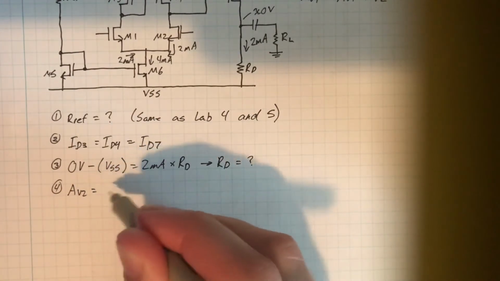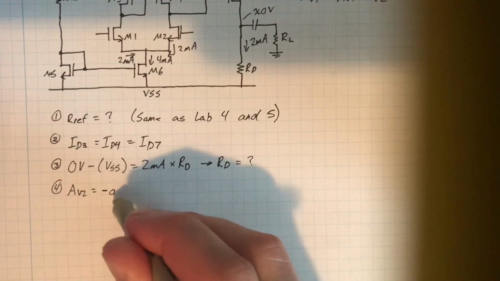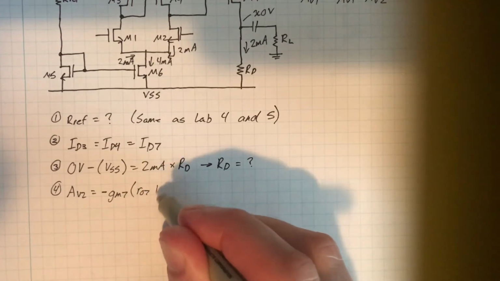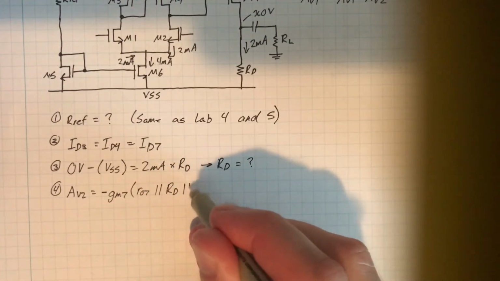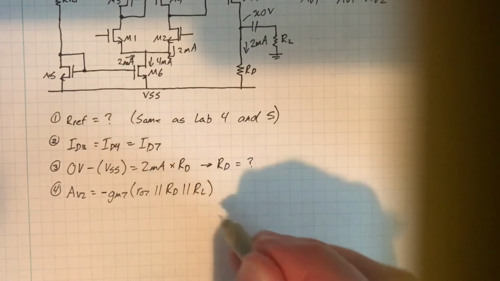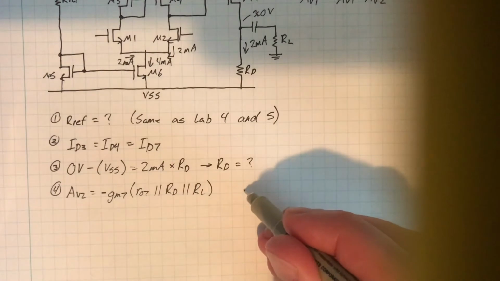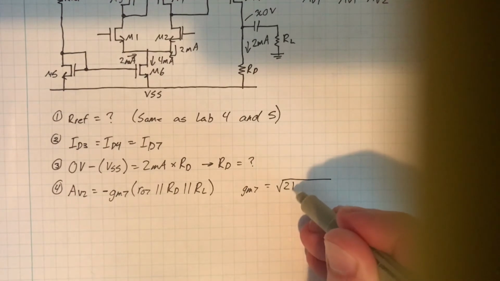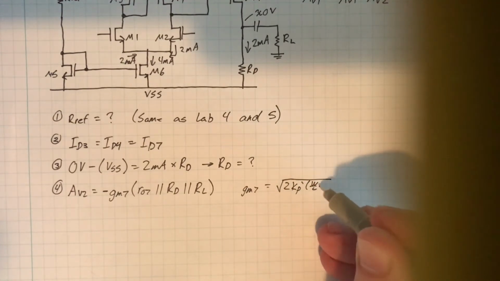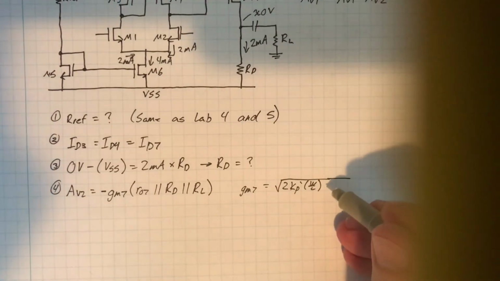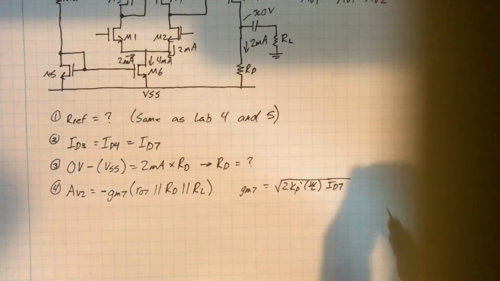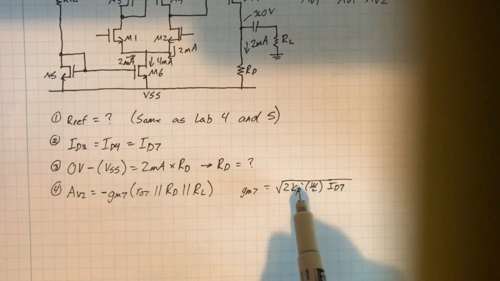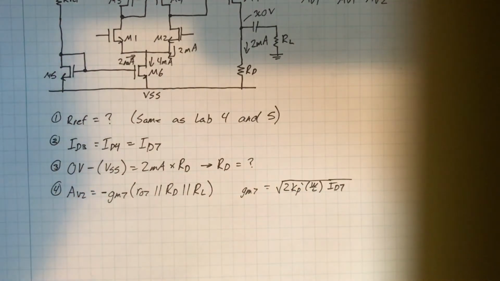AV2 is equal to minus GM7 because it's an inverting stage, times RO7 parallel RD parallel RL, and GM7 is equal to the square root of 2 KP prime W over L ID7, where ID7 is 2 milliamps, and the other values are given to you in the lab document.